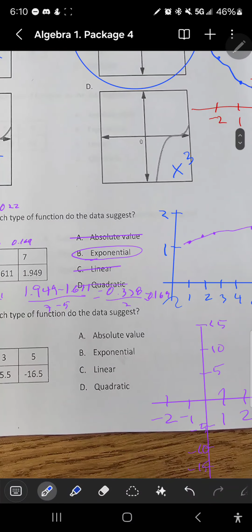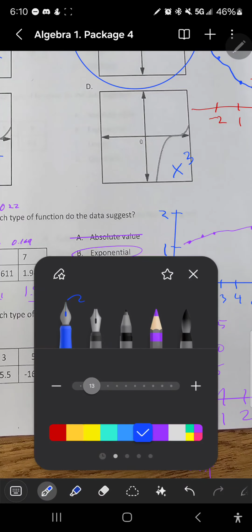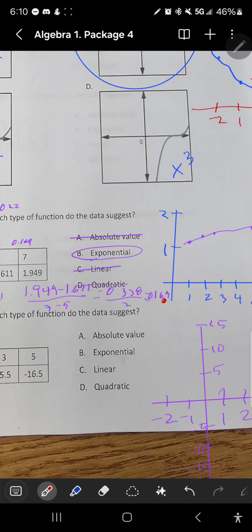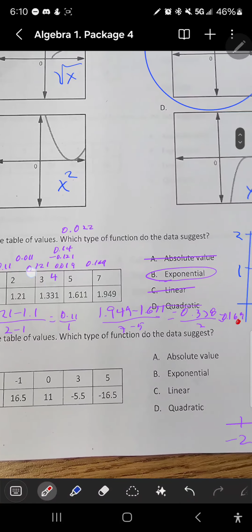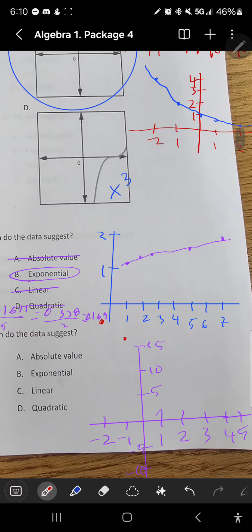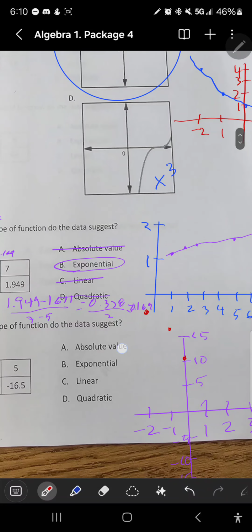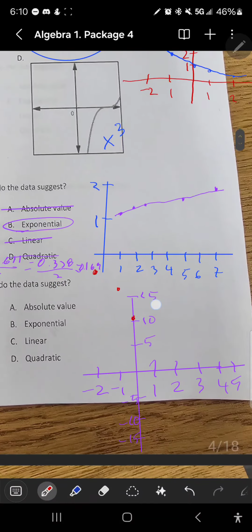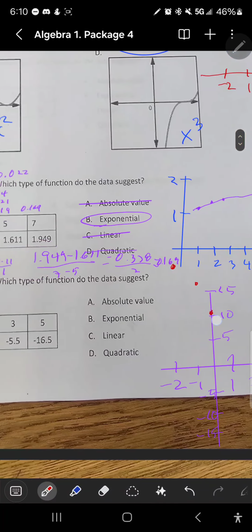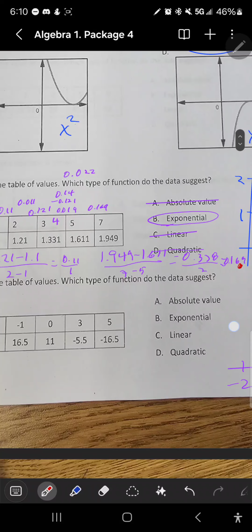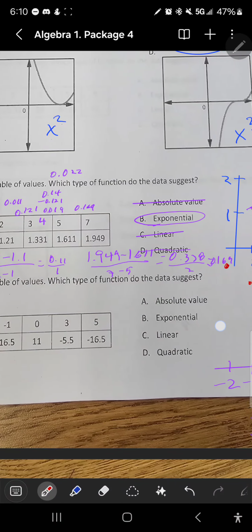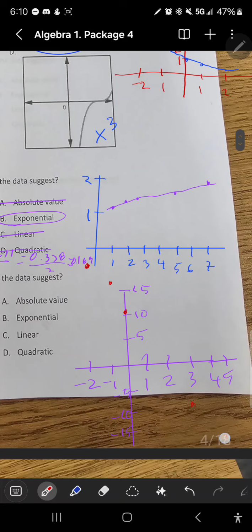So -2, there's a 22, right over here. It's a little bit down, but you know. So over here, -1 and 16.5, 0 and 11, 3 and -5.5, and then 5, comma -16. And as you can see, I see this trend.